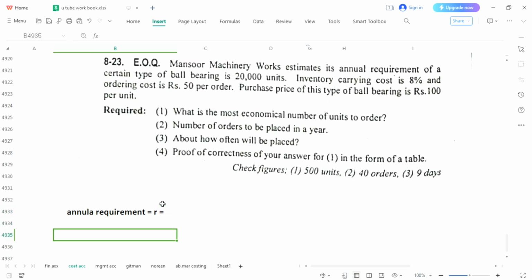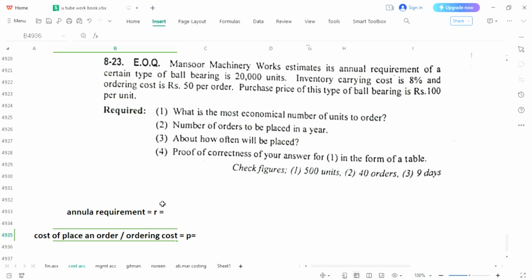Then second, cost of placing an order, or ordering cost. It may be called ordering cost, and it would be denoted with P, and we will see it later on.